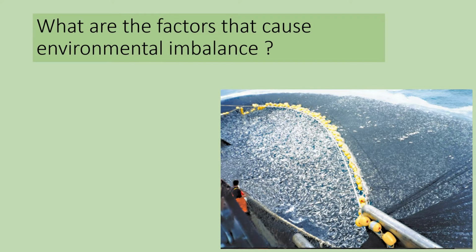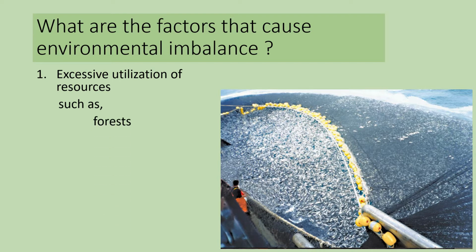Let's see what are the factors that cause environmental imbalance. Excessive utilization of resources is one major cause of environmental imbalance. This means using natural resources in a limitless manner. In the past, too, people cut trees for their needs such as cultivation and building houses, but not like the present days.